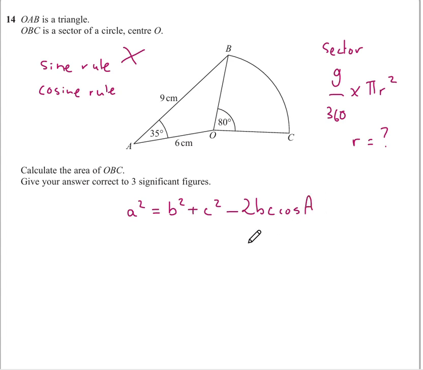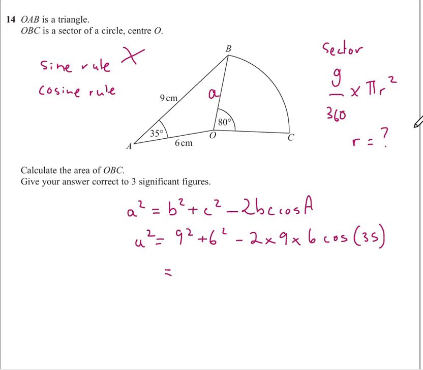Okay, really important here. We've got a is opposite this angle A. Okay, so a squared is going to be, it doesn't matter which of these sides we're using for b and c, they both play the same role in this. So I'm going to use b is 9 and c is 6. 9 squared plus 6 squared minus 2 times 9 times 6, and then cos 85.